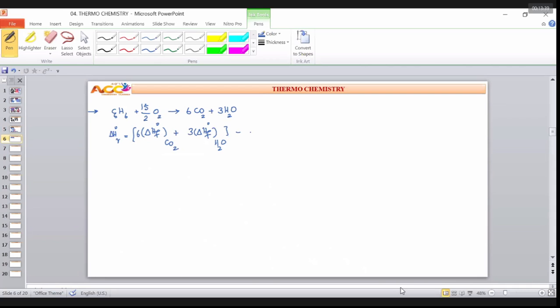Minus enthalpy of formation of benzene. How many times? 1 time. Plus 15 by 2 enthalpy of formation of oxygen. No, sir. Enthalpy of formation of oxygen is taken as 0. Therefore, only these values are sufficient for us.